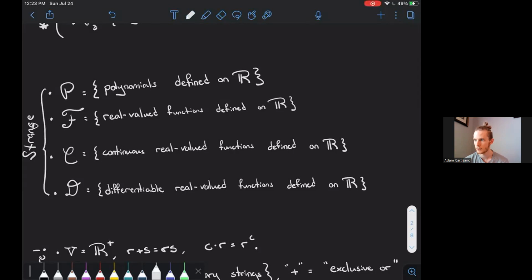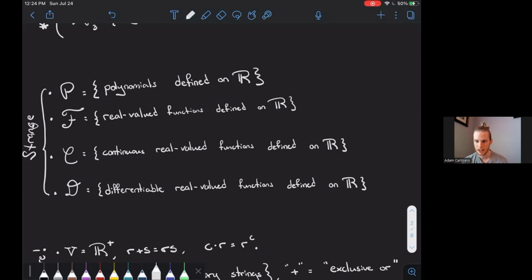Well, you just take two functions that are defined on the entire number line, e to the x and sine of e to the x. Both are defined for all real numbers. How do I add them together? Just add them together. Function addition is the vector addition for this set.